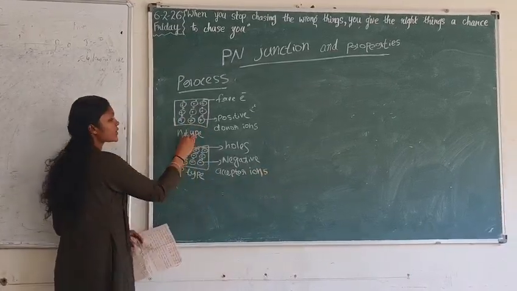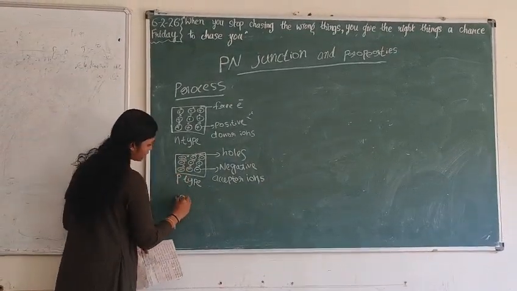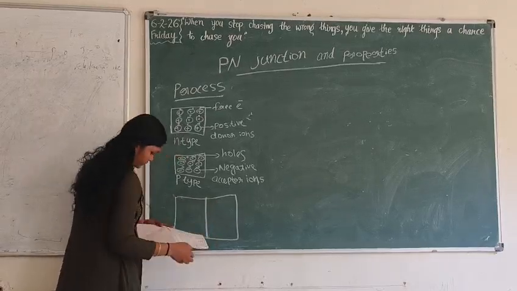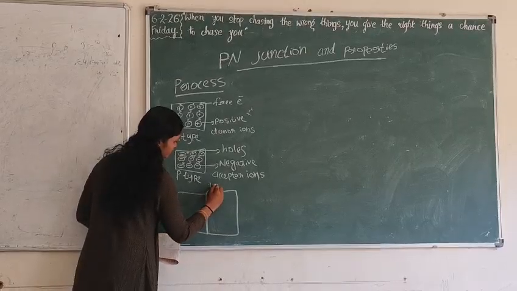When this N-type is joined with the P-type semiconductor, the PN junction is formed. So this is the junction.